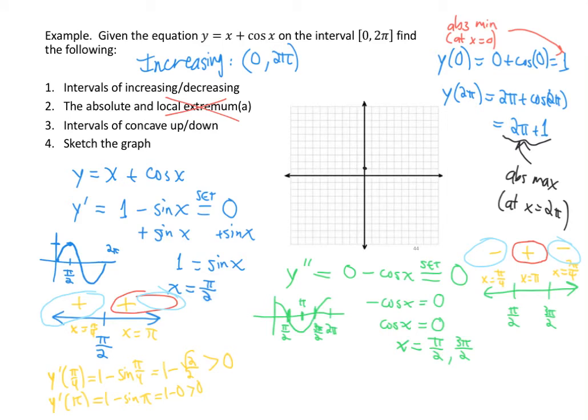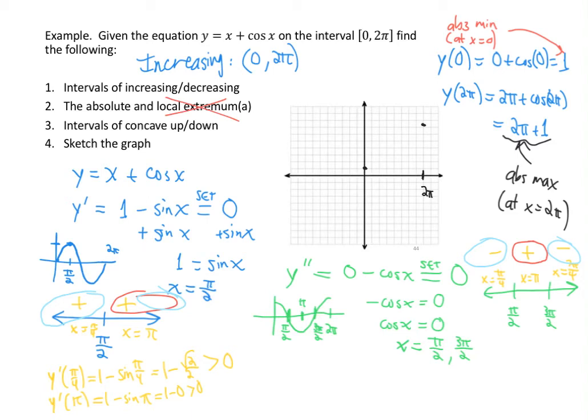Alright, so let's say 2 pi is right here. And this is 1. 2 pi plus 1, that's a little more than 7. So 1, 2, 3, 4, 5, 6, 7.